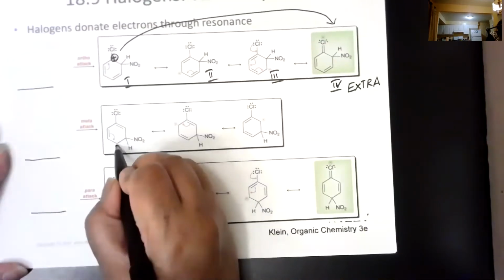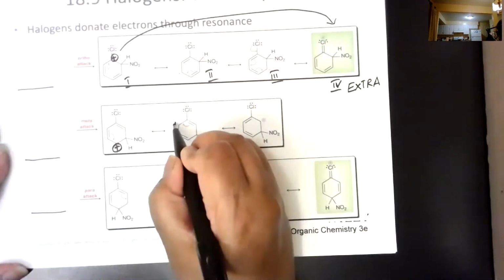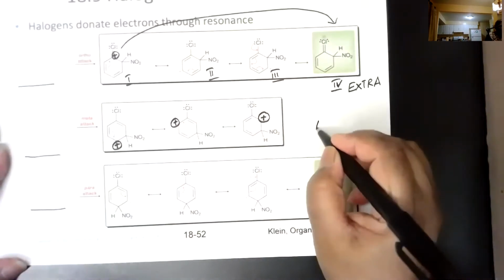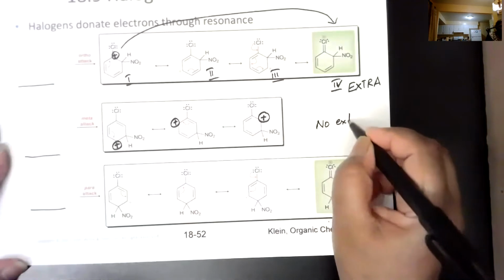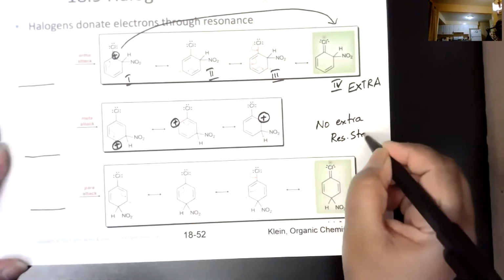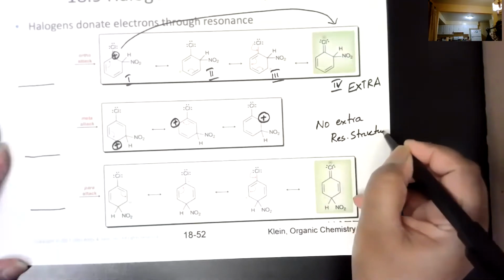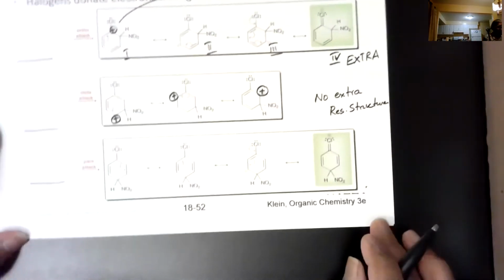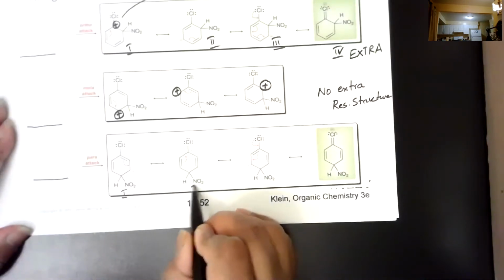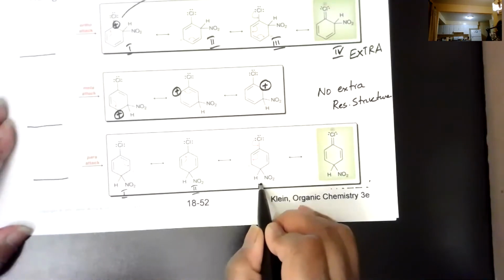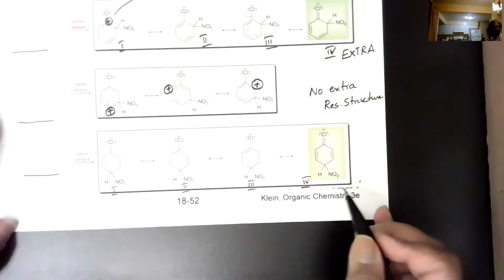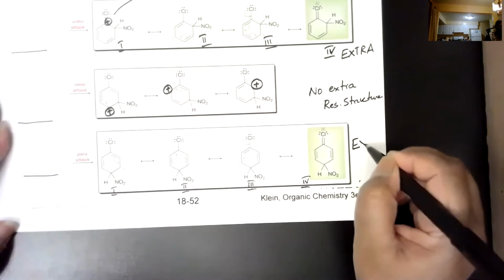And with the meta, look where the positive charges are. No extra resonance structure. And similarly, when you have the electrophile attack the para position, you'll have an extra structure.